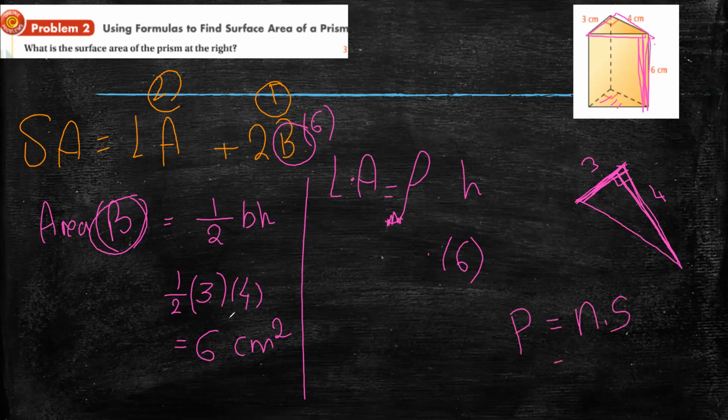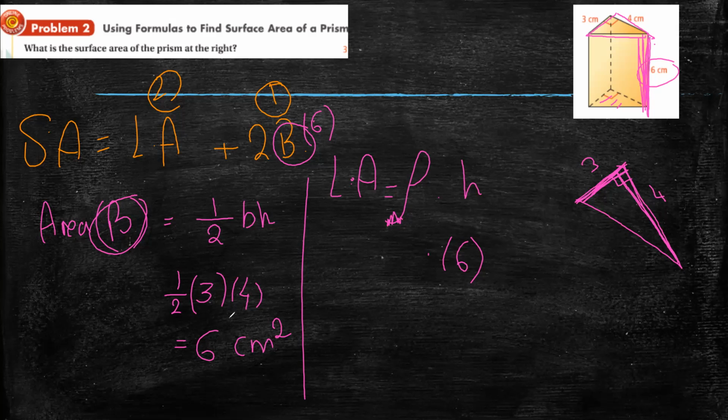How many sides do we have for the triangle? 3. This is not a regular shape. This height is for the triangle, but this height is the altitude that connects between these two bases, which is 6.